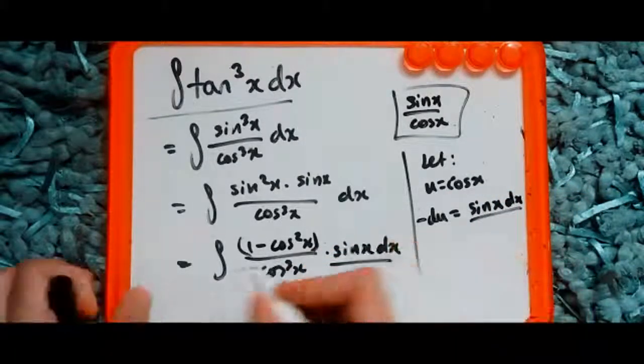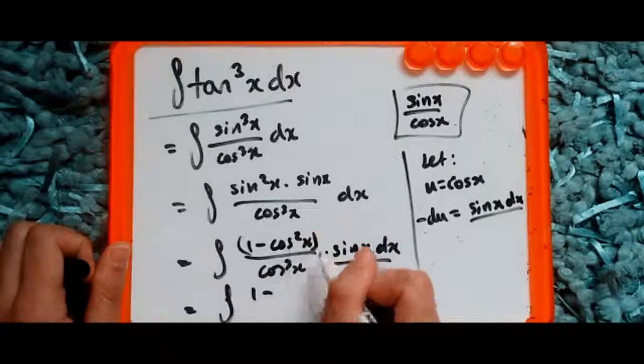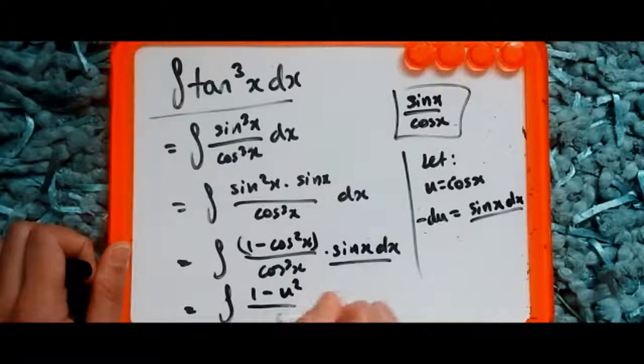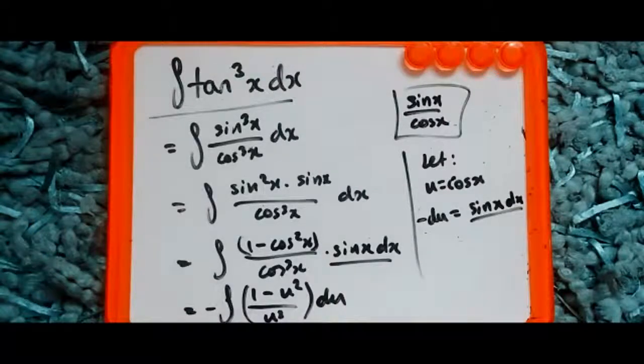Now this equation is going to become the integral of 1 minus, so cos squared becomes u squared, over u cubed, with respect to minus du. At this stage it's quite clear this is an easy integral, because the denominator has a single term, so we can actually partition this fraction.